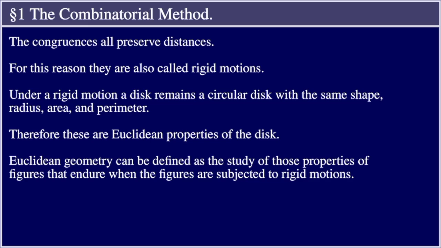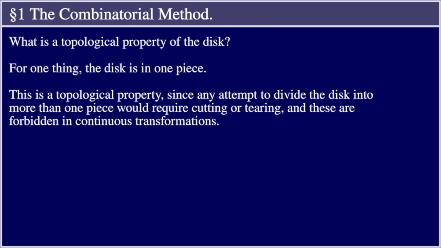For this reason, they are also called rigid motions. Under a rigid motion, a disk remains a circular disk with the same shape, radius, area, and perimeter. Therefore, these are Euclidean properties of the disk. Euclidean geometry can be defined as the study of those properties of figures that endure when the figures are subjected to rigid motions.